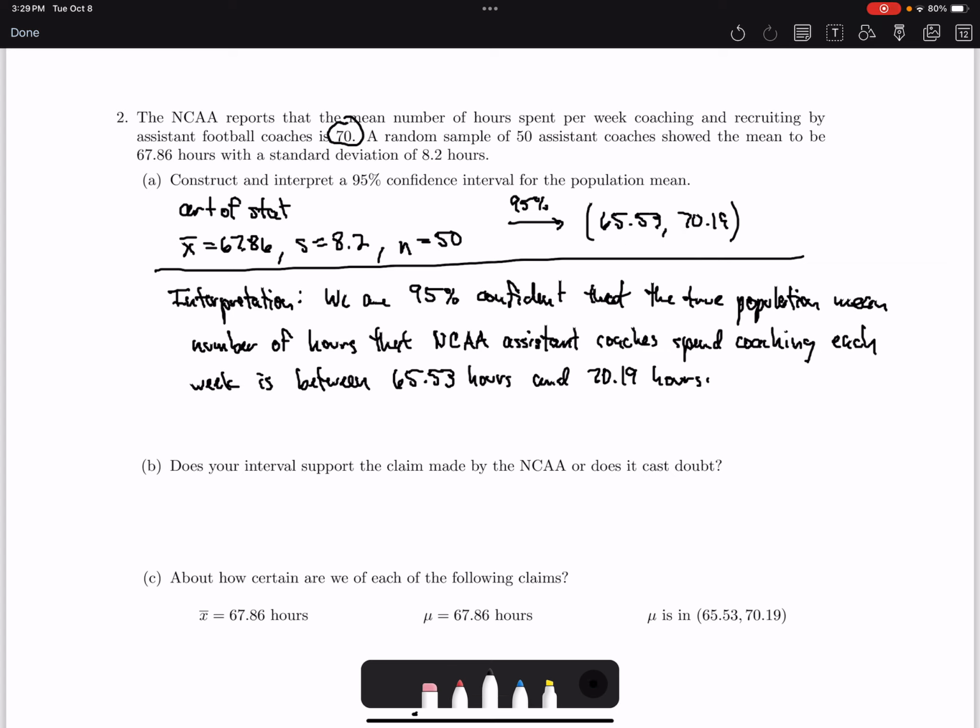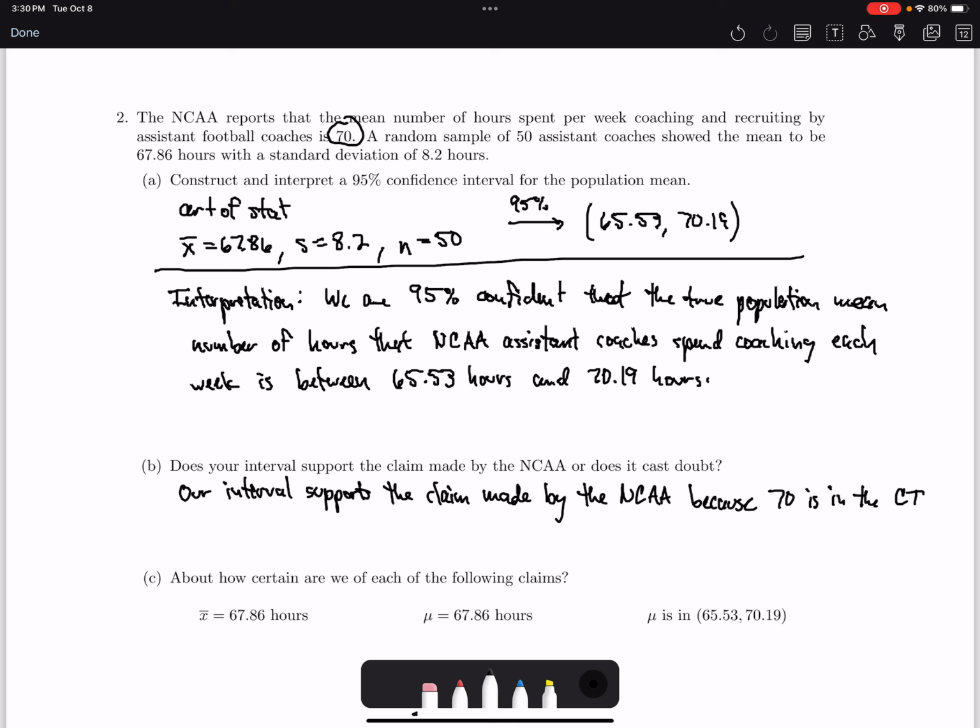It supports the claim made by the NCAA, because 70 is in the confidence interval.